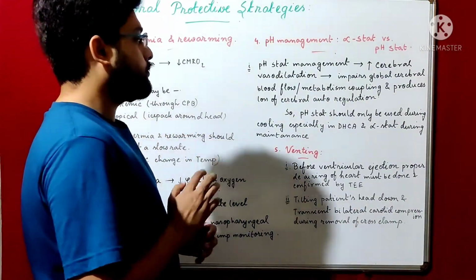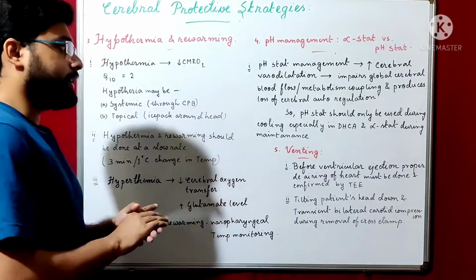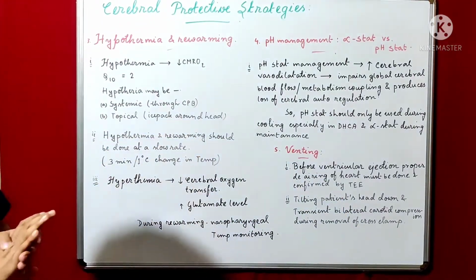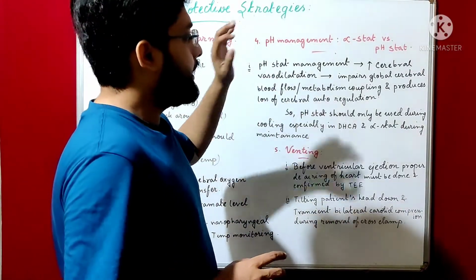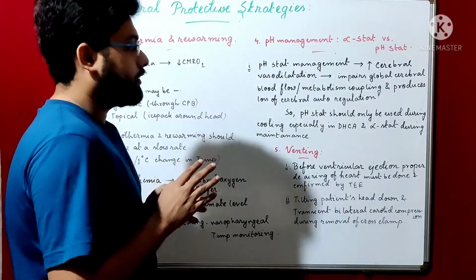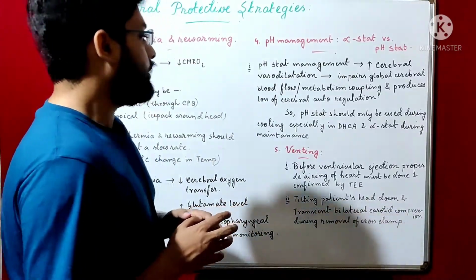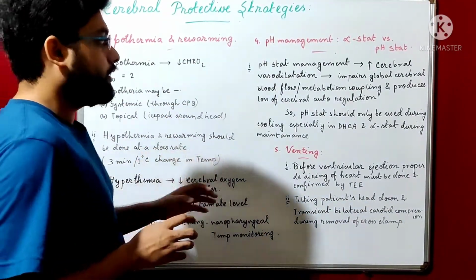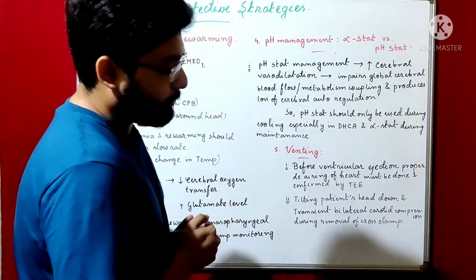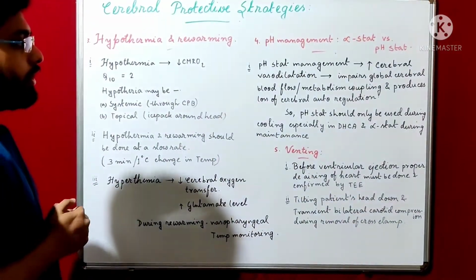So what we must follow is that pH stat strategy should be used restrictedly, only during the cooling phase, and especially in DHCA, that is, deep hypothermic circulatory arrest.